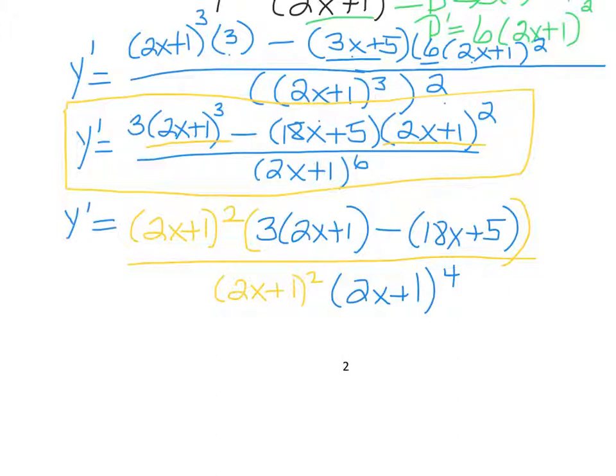This one, we're going to add the exponents. And so 6 is going to become 2 plus 4. And in this case, what happens is 2x plus 1 squared will cancel out.